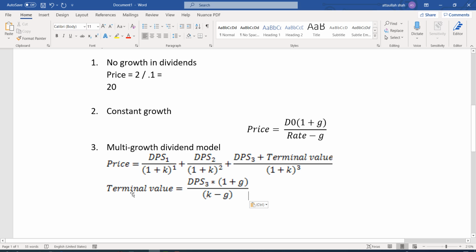So we find the terminal value separately. Once we find its value, we put it there with the third dividend and discount them collectively. So these are the three models for dividends. I'll take a break of 5 minutes and then we will have practice on these. Thank you.